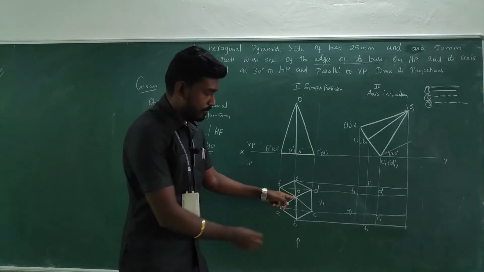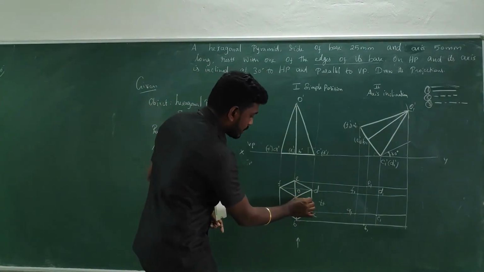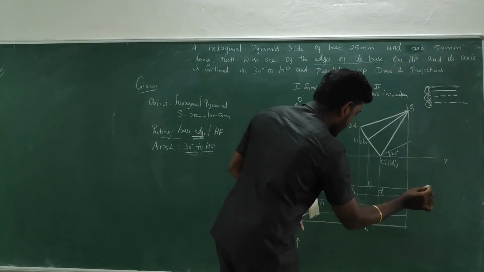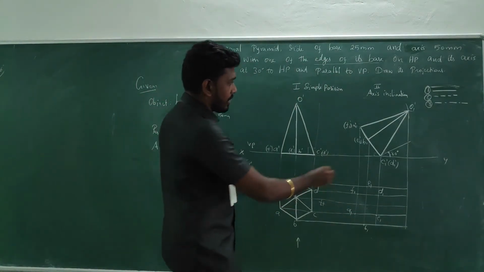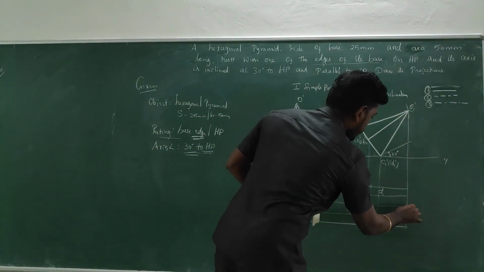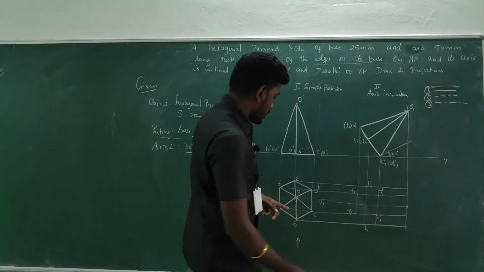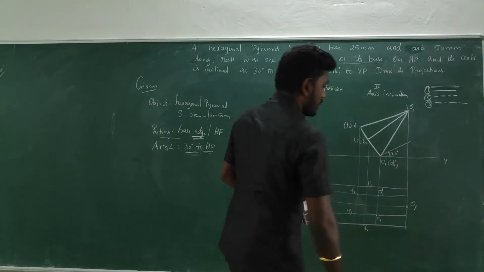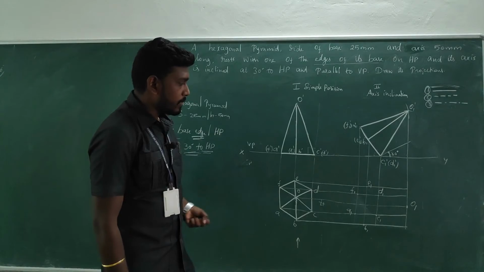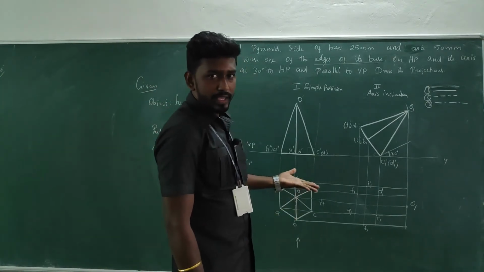And for the apex O, we also have to take the projector. It's an important one. Take the projectors where they intersect with the vertical lines. Here it is, so this becomes O1. The same procedure we have to follow here.